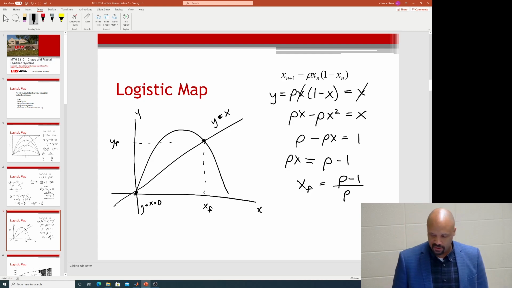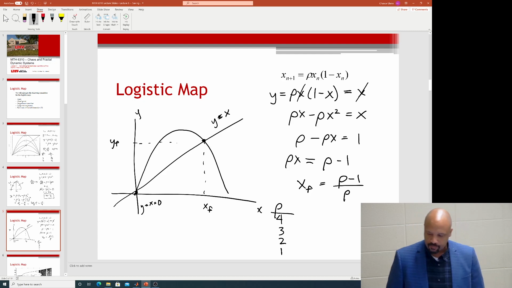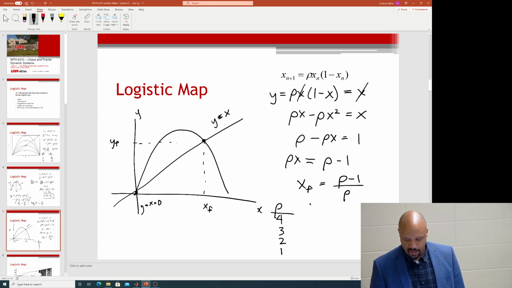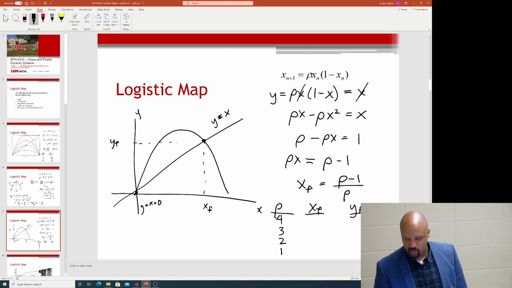So let's do this table again and see if we can figure out some of our values. So let's go with rho equals 4, 3, 2, 1. All right, and xf, and maybe even yf, because we can always use MATLAB if we have trouble calculating it. But let's do xf first. If we say that's 4, we have 4 minus 1, which is 3 over 4, so 3/4.